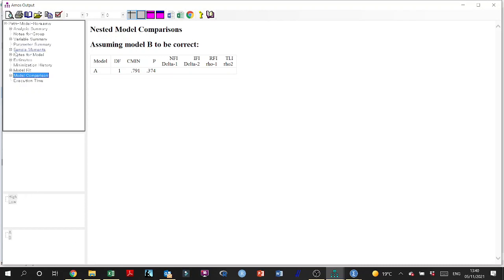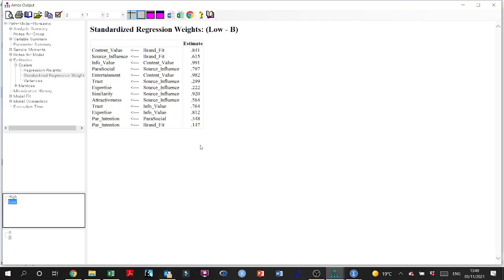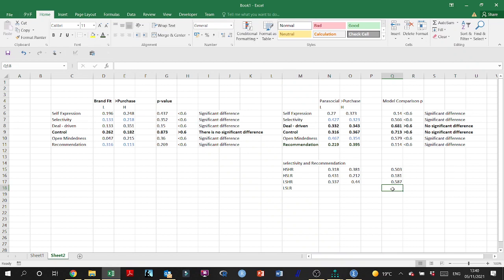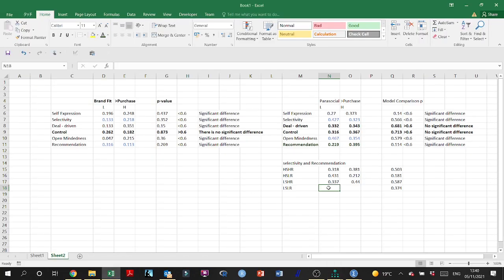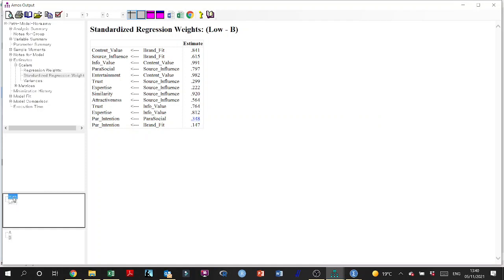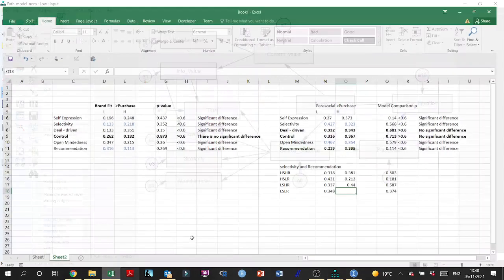That's good. Okay. The low reading for the parasocial on purchase is 348, compared to high, which is 268. Perfect.